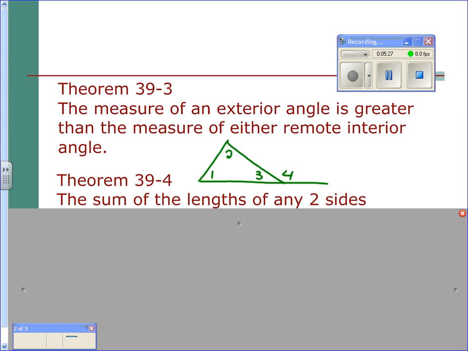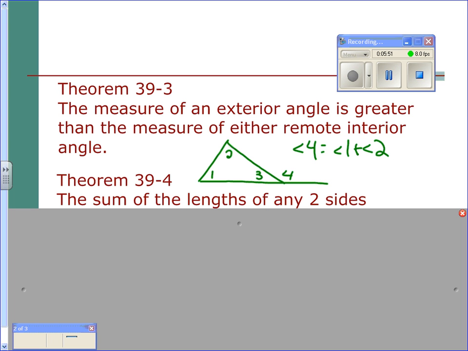We already learned about the exterior angle 4. What did we learn about it? Angle 4 equals angles 1 and 2 added up. Remember that?